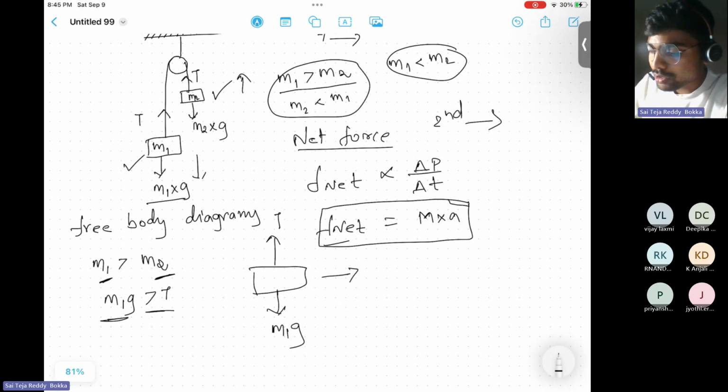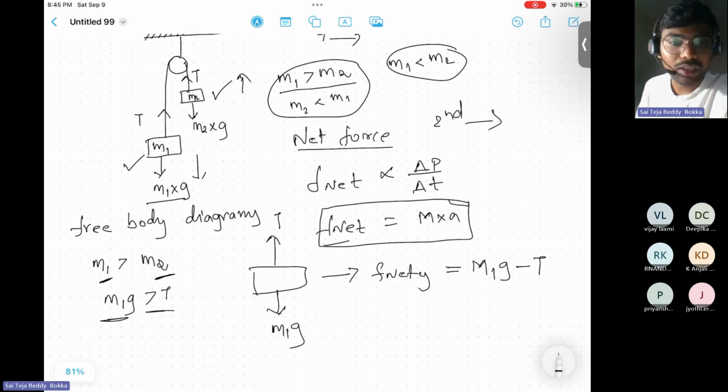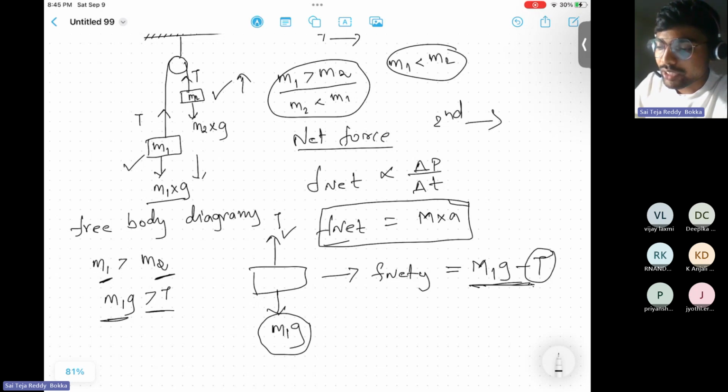So when we are writing a net force on this now, along with the vertical component F net, that will be equal to M1G minus T, because as M1G is greater than T, I'm writing as M1G minus T. If my tension is greater than M1G, then I should write T minus M1G. There is a much difference between this.